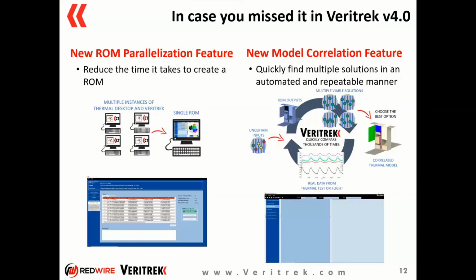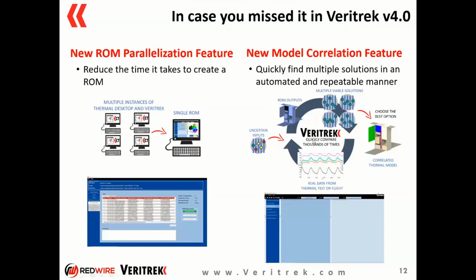The caveat being, if you have multiple Thermal Desktop licenses available, you can actually generate your training data in parallel. You can open up multiple instances of the creation tool, let Veritrek create that training data in parallel with multiple Thermal Desktop licenses, merge that training data back together, and perform the data fit on the entire training data set, which helps speed up the ROM creation process.